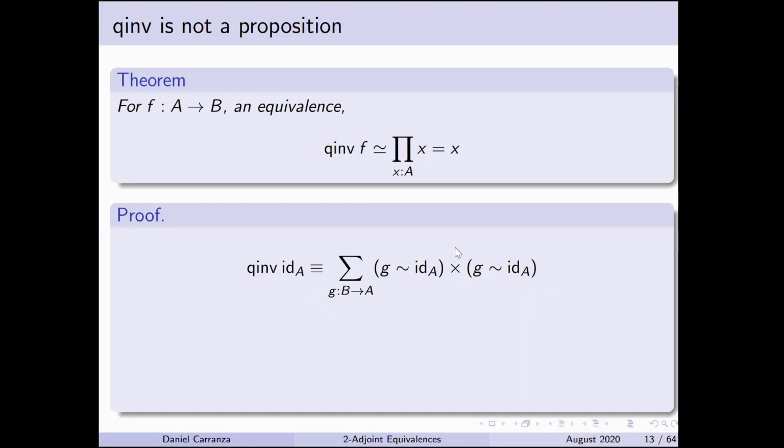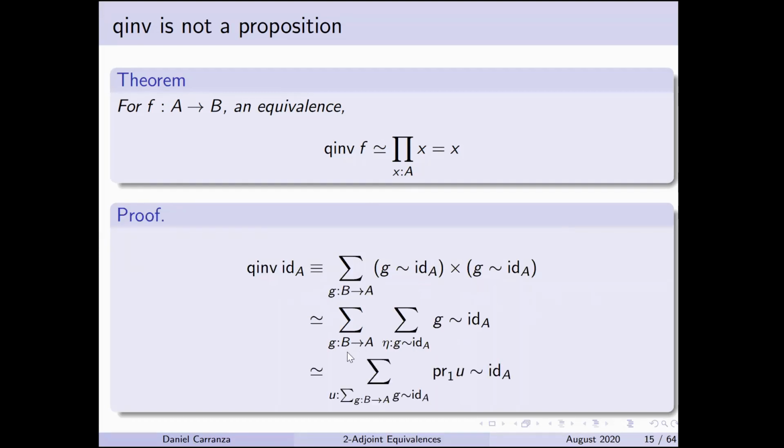What I'm going to do is take this product and write it as a sigma product. We know that Cartesian products are just a special kind of sigma product, so we can definitely write this. And now I'm going to take advantage of sigma associativity to move eta down with G, and I get a type that looks like this.